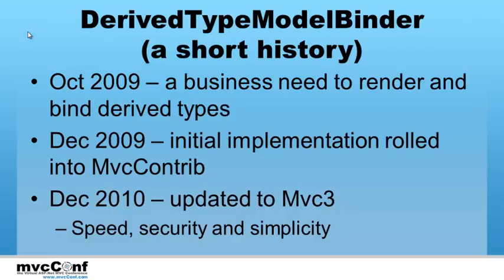So the Derived Type Model Binder, it's a short history of it. In October of 2009, I had a business need. We wanted to render and bind derived types. In particular, the reason for the use of the bind types was that we were rendering information about a pricing model to financial instruments, and if you've worked with financial instruments, you'll know that the pricing models are extremely varied, and the parameters that you use to decide on how you price one instrument versus another can be very different.